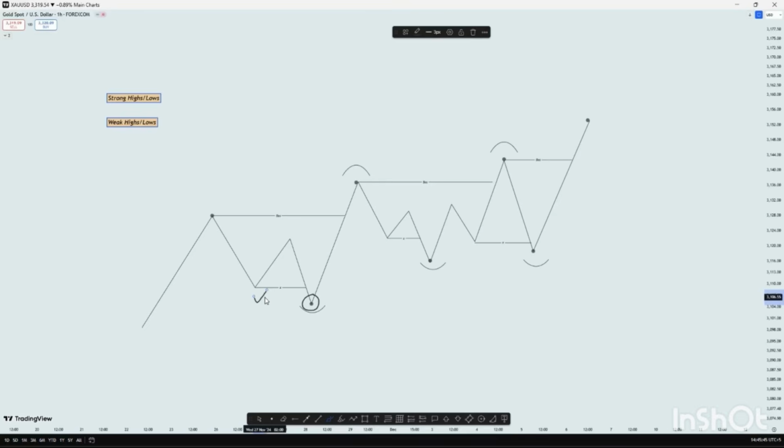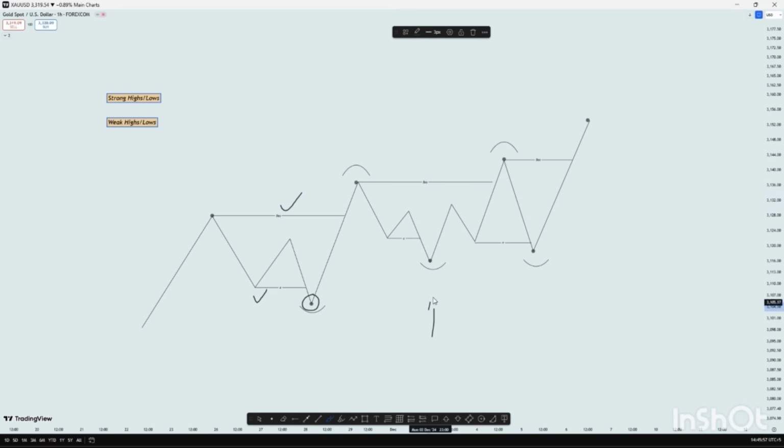Okay. Now if you look at this example, we have this low as a strong low. What is the reason behind this? Because this low has swept the liquidity from this low and then has broken this high, meaning it has broken the structure. So according to the theory, this low is a strong low.